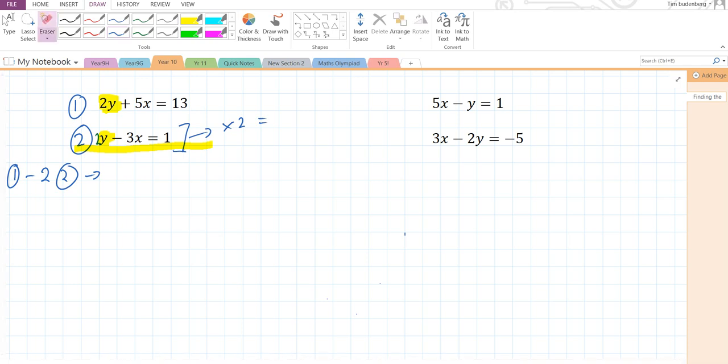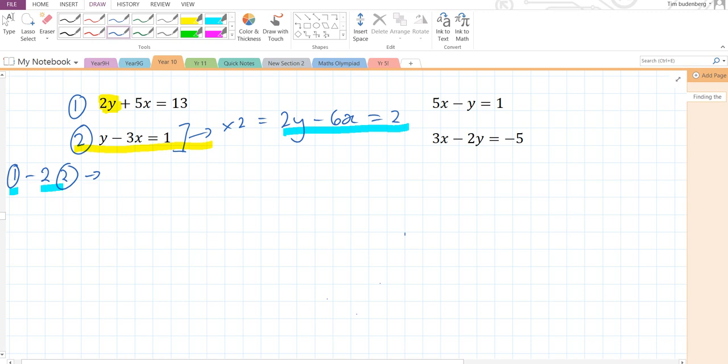So there would be nothing wrong at all with saying, well, that whole equation 2 multiplied by 2 would be 2y minus 6x is equal to 2. Alright? We then take this, which is 2 lots of equation 2, and subtract it from equation 1.